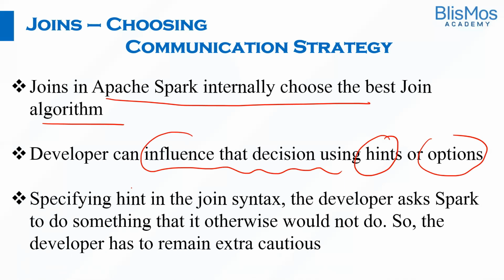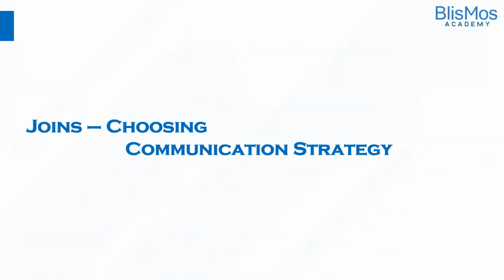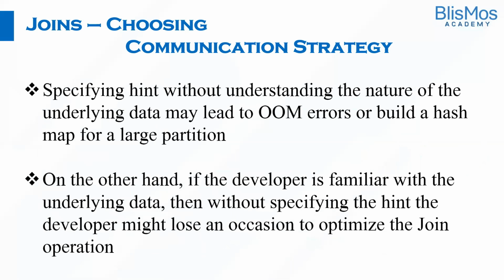So when you specify the hint in the join syntax, the developer is asking Spark to do something that it otherwise would not do. So you got to be extra cautious whenever you are hinting Spark to perform a particular communication strategy. If you are thorough, then only you got to do that. If you really know what kind of a join, what are the different aspects of the joins, how it needs to be implemented, then only please go ahead and hint.